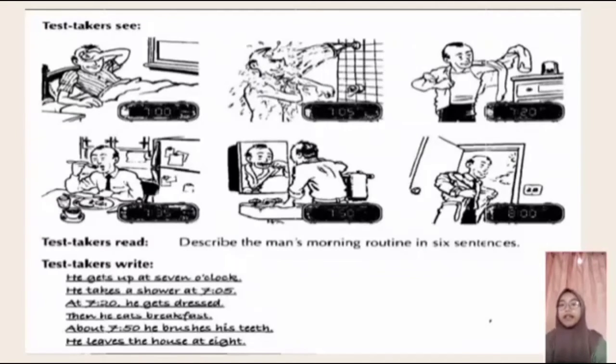For example, test takers see the pictures, then test takers read: Describe the man's morning routine in 6 sentences. Test takers write: He gets up at 7 o'clock. He takes a shower at 7:05. At 7:20, he gets dressed. Then he eats breakfast. About 7:50, he brushes his teeth. He leaves the house at 8.